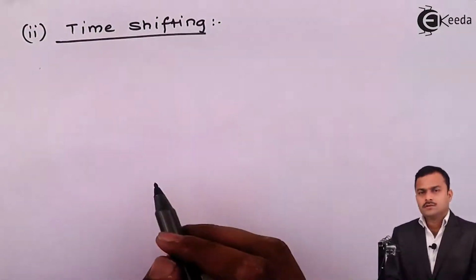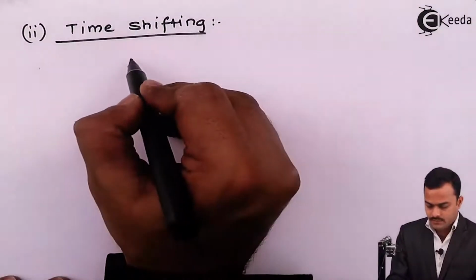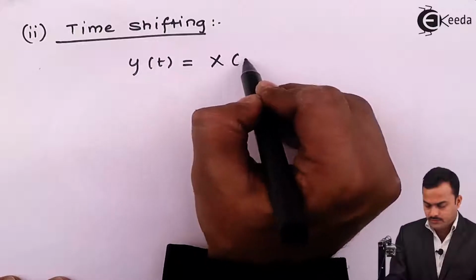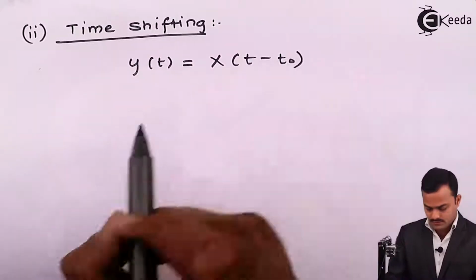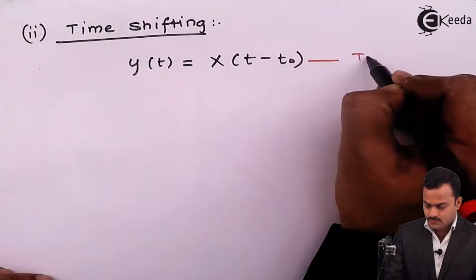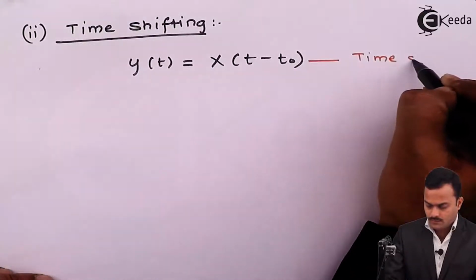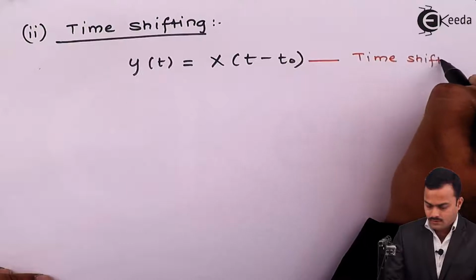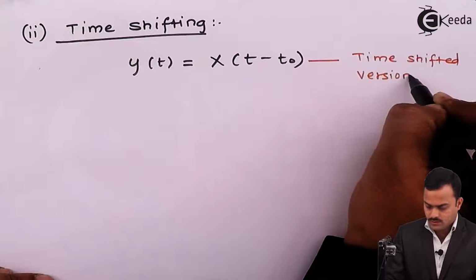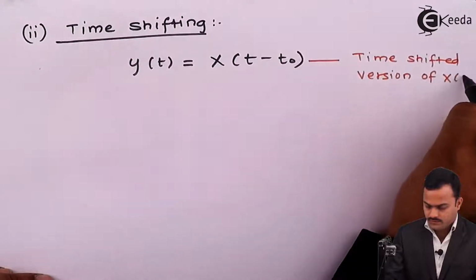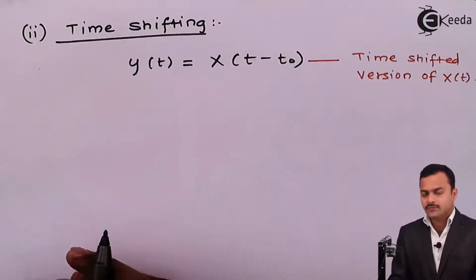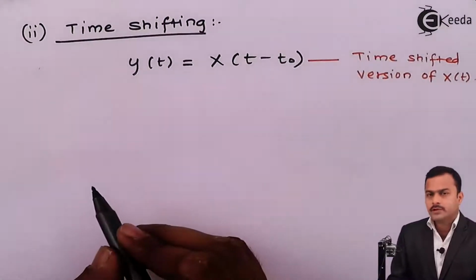So what we are having over here is y of t as the time shifted version of x of t, which is x of t minus t0. So I repeat, this is nothing but a time shifted version of x of t. So what we'll get as the Fourier series, which we denoted as bk.